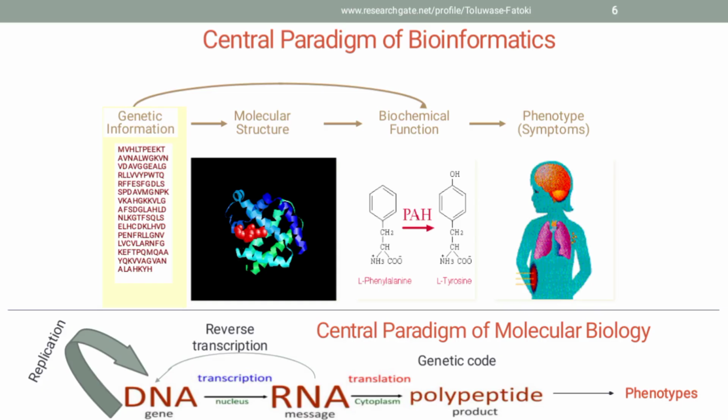In molecular biology, there is what we call the central dogma or central paradigm. This involves the genetic information that is present in the DNA, embedded in the nucleus of a cell. The DNA information, the genes, has to be transcribed to RNA, specifically the messenger RNA, through the process referred to as transcription.